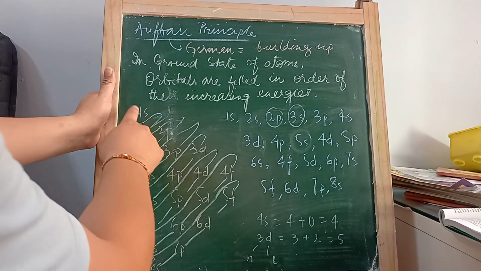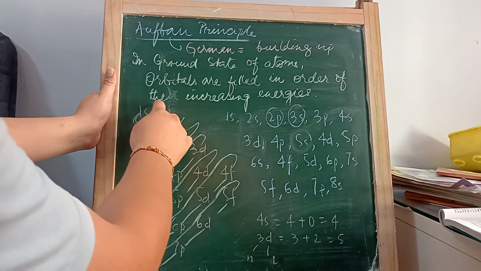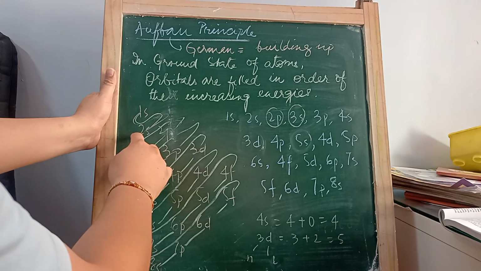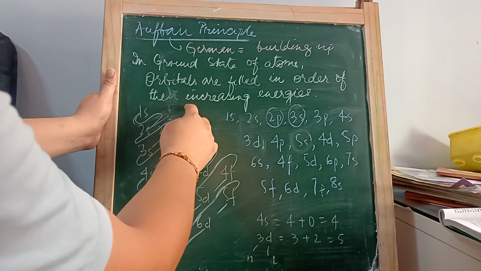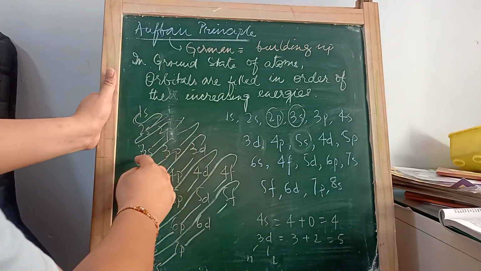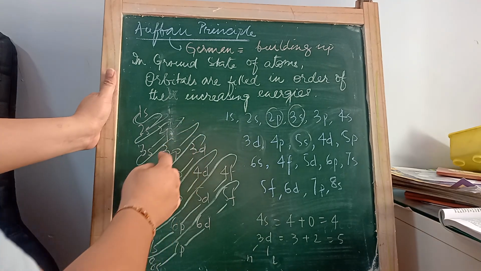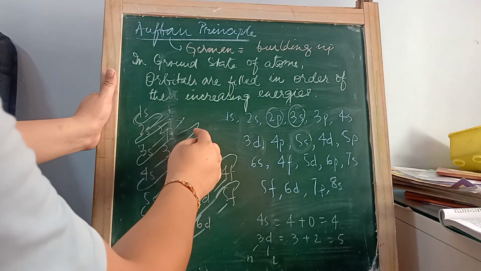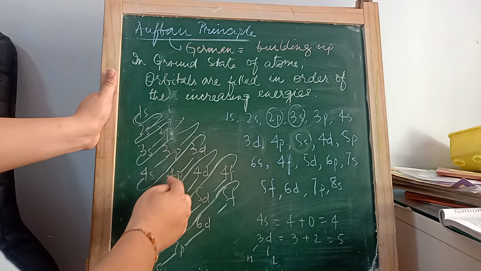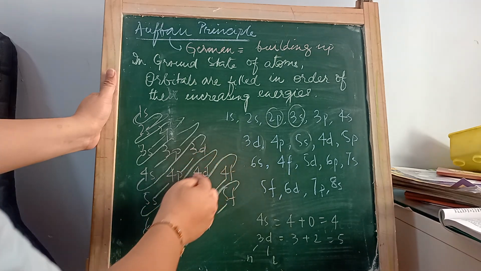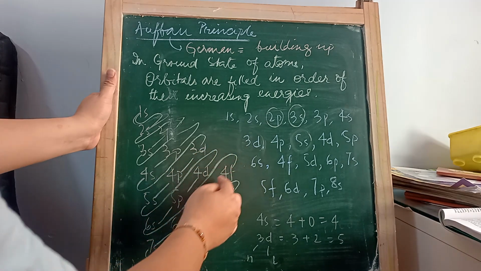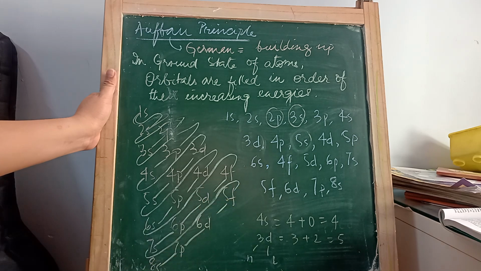Then draw arrows moving diagonally, so it will be 1s, then 2s, then 2p, 3s, 3p, 4s, and so on, moving in between and coming down.